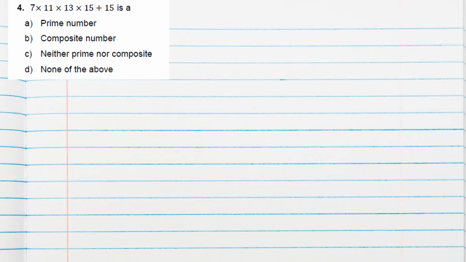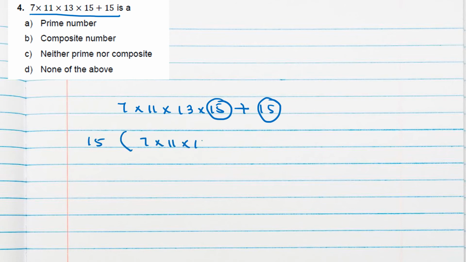Fourth is, this number is a... Now see, if you observe this number, this 15 we can take common. So if you take 15 common, it is 7 into 11 into 13 plus 1. Okay, now since it is an MCQ, you want to solve within less time, so don't multiply this. Because if you multiply and add 1, you will get one number, so 15 into that number will come, right? Now 15 is the product of 5 into 3. 15 is not a prime number, and it is a part of this whole number.